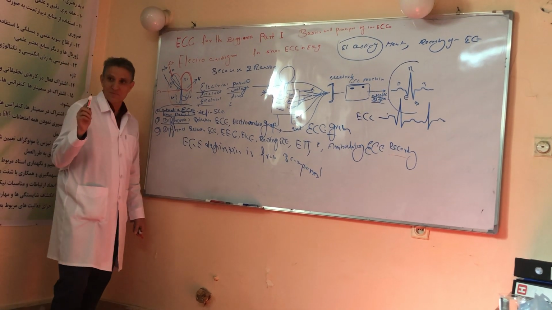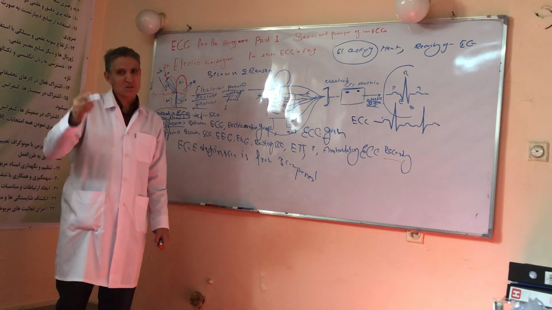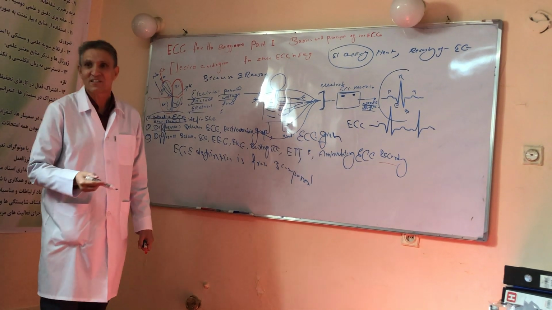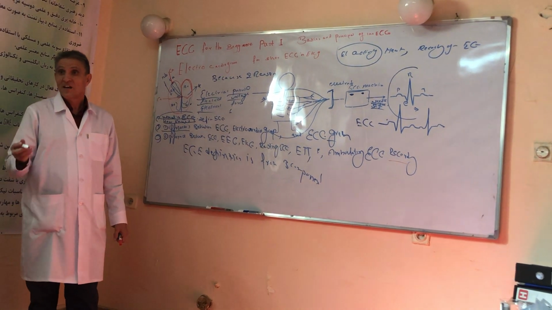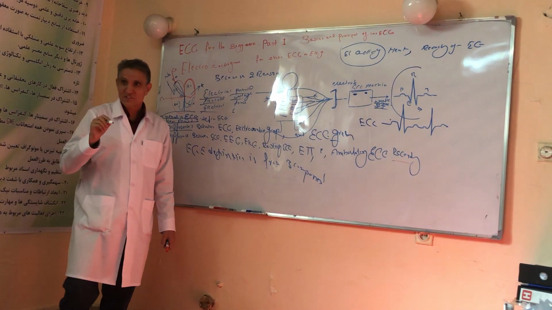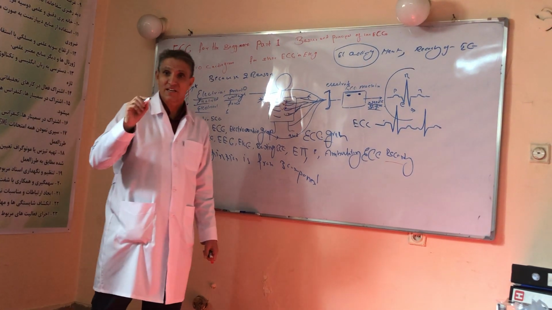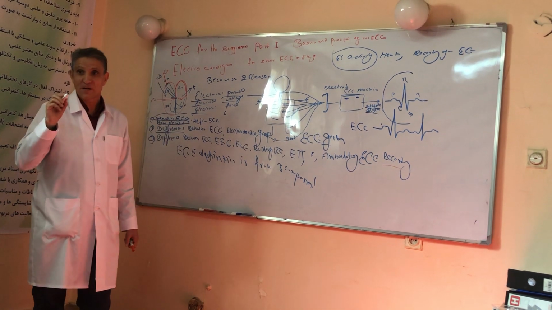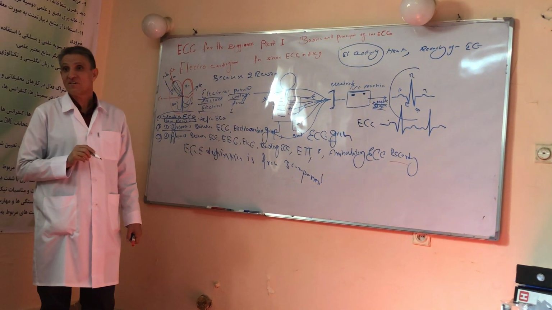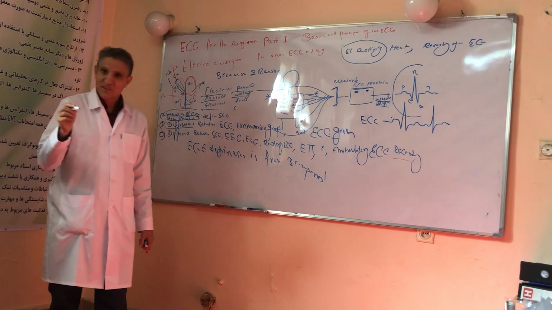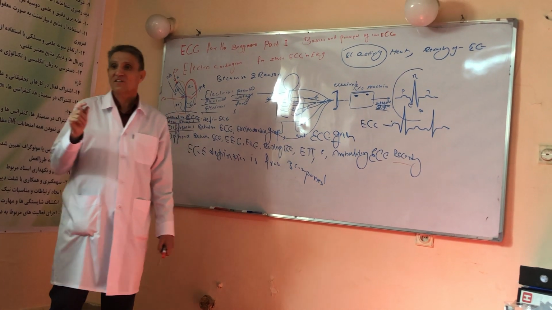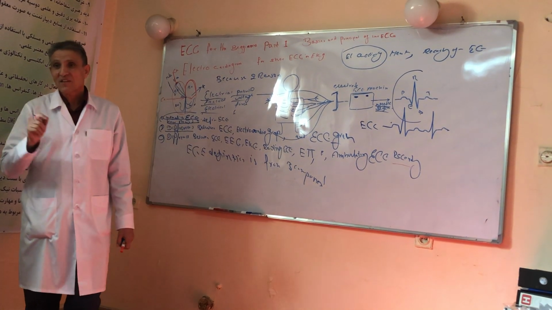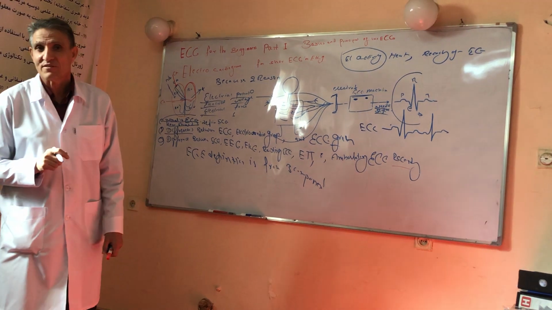Our ECG is made from three components, and when you want to give a definition, you should use these three components. It will become simple for you. Electrical activity, the recording by electrode, and ECG. These three components are essential for the definition of the ECG. Or a simple definition: when the electrical activity of the heart is graphically presented, this graphical presentation of the electrical activity of the heart is ECG.